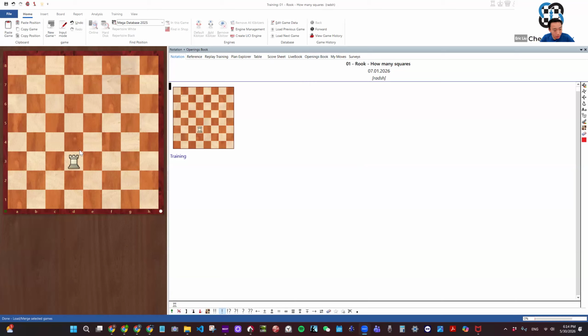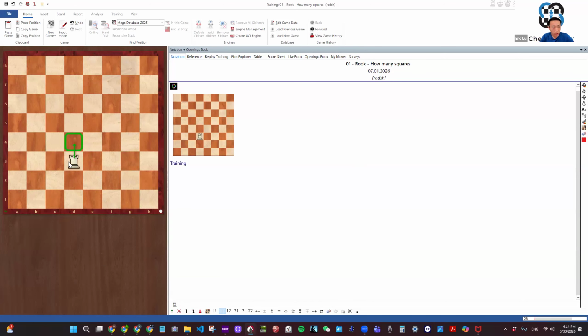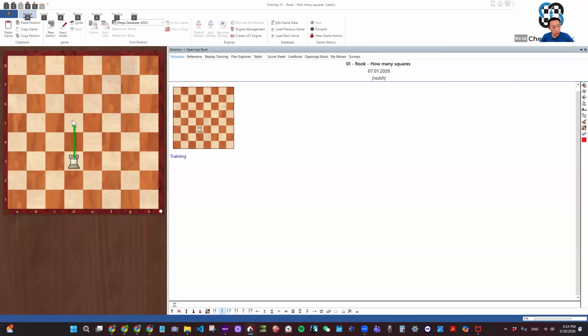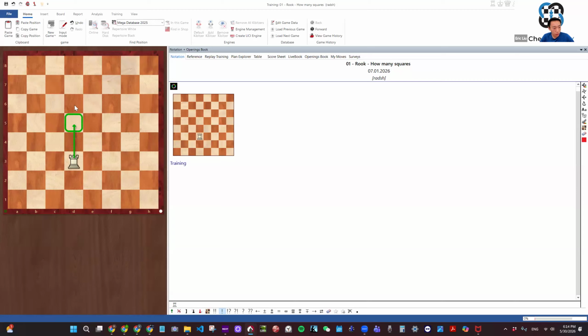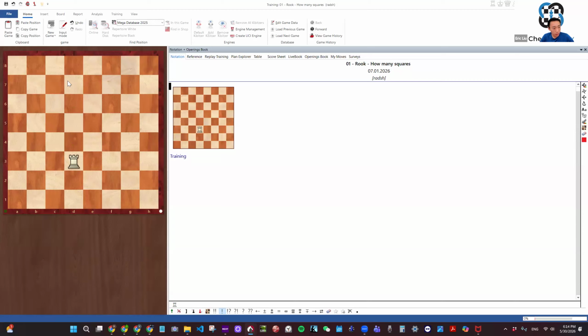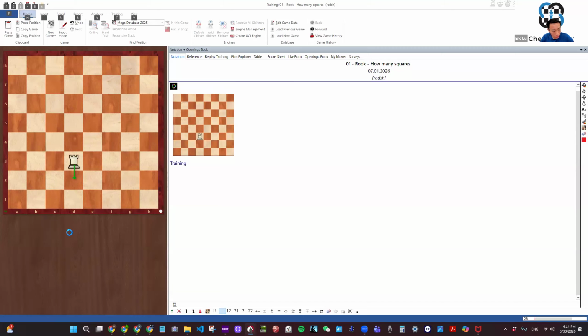I'm going to list out all the possible squares. Remember, the rook can move up, down, left, and right. In this case, the rook can move one square up to d4, two squares up to d5, and also d6, d7, d8, d2, d1.